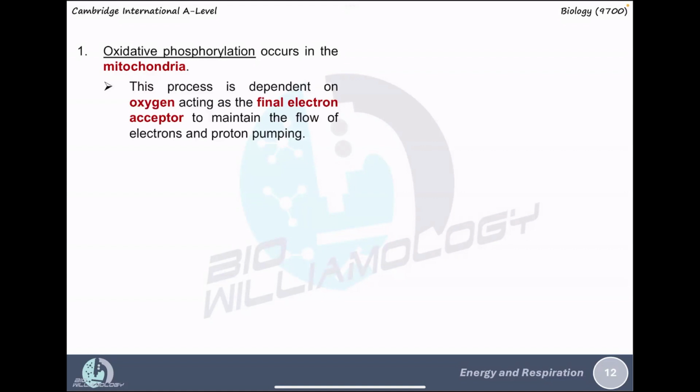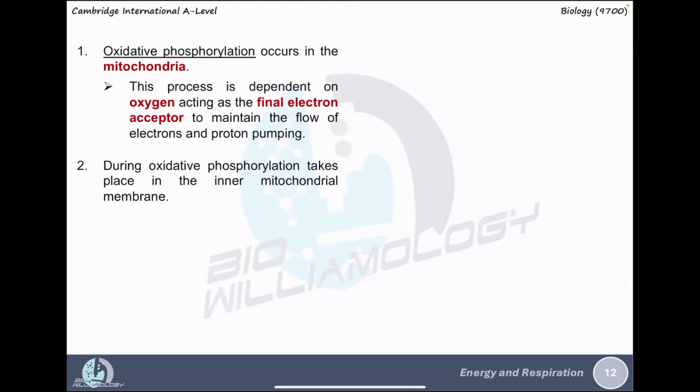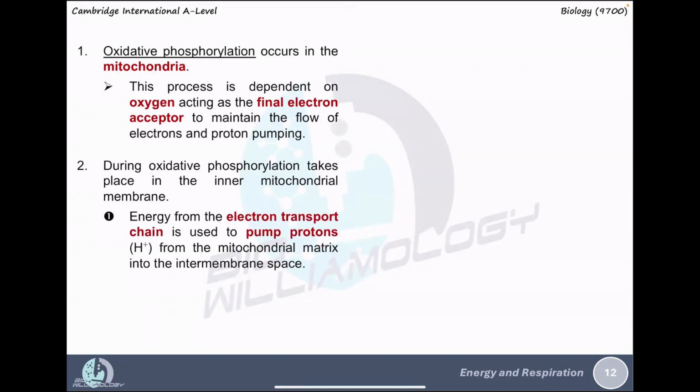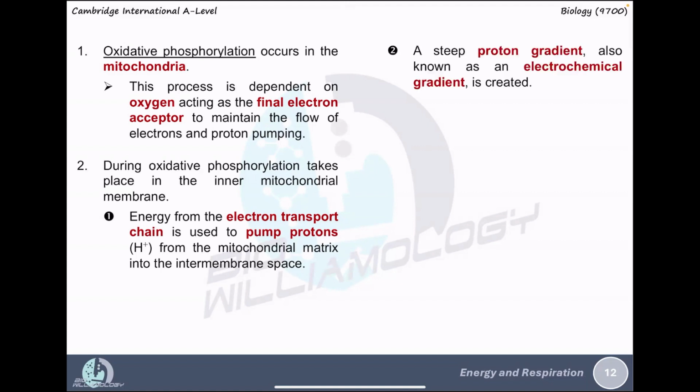This means that this reaction depends on oxygen, which acts as the final electron acceptor. During oxidative phosphorylation, a series of reactions takes place in the inner mitochondrial membrane. First of all, the energy from the electron transport chain is used to pump protons from the mitochondrial matrix into the intermembrane space. By doing so, a steep proton gradient, also known as an electrochemical gradient, is created.